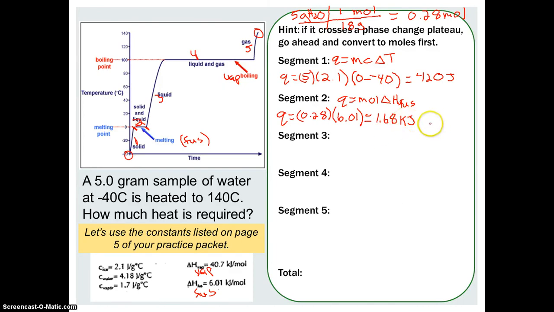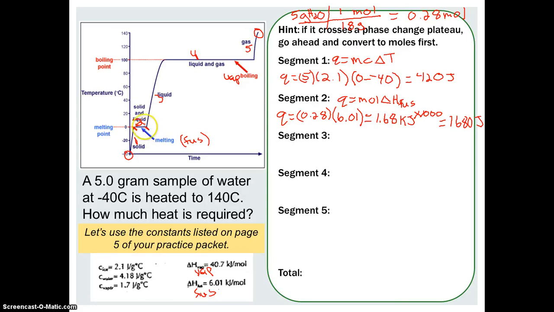Now in the end, what I'm going to have to do is add all of these numbers together. So I want to make sure they're all in the same unit. This is in kilojoules and that's in joules, so I can't add them all together very easily. So I'm going to multiply this by 1,000 to get everything into joules. So I actually have 1,680 joules.